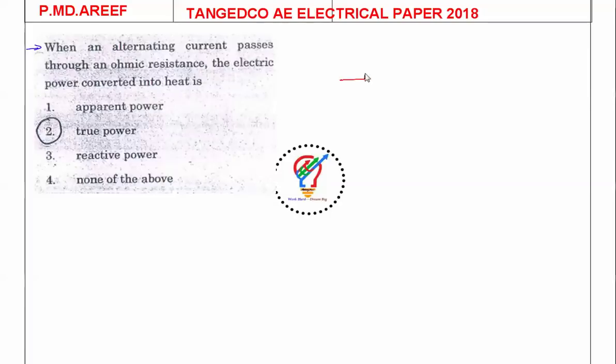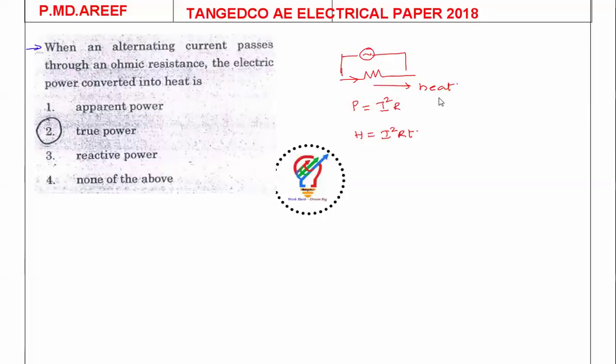So when the current passes through any resistive element, it produces heat, that is P is equal to I square R. If you take energy, H is equal to I square R T joules. Here whatever you are giving is nothing but electrical energy, and we are getting the output as heat energy.